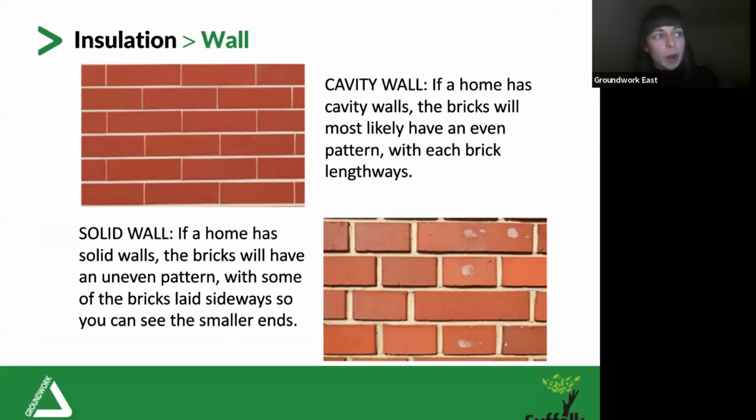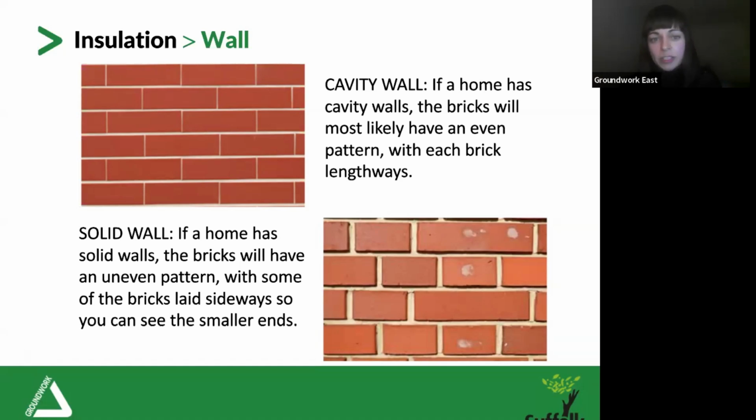To tell if you've got a solid wall home, in the bottom right picture you can see some of the bricks have an uneven pattern. Some are smaller, some are bigger, and that is where the bricks have been laid sideways, and that wall is solid. You've got 2 layers of bricks there, so it wouldn't necessarily be applicable for cavity wall insulation.